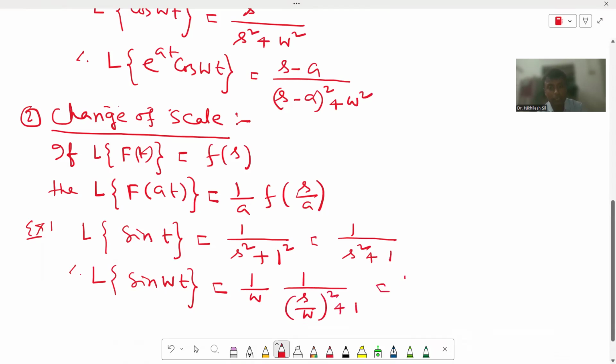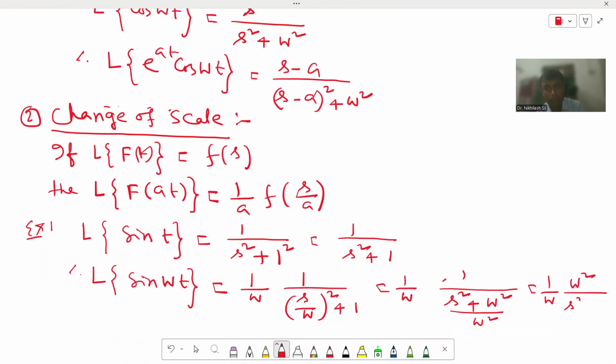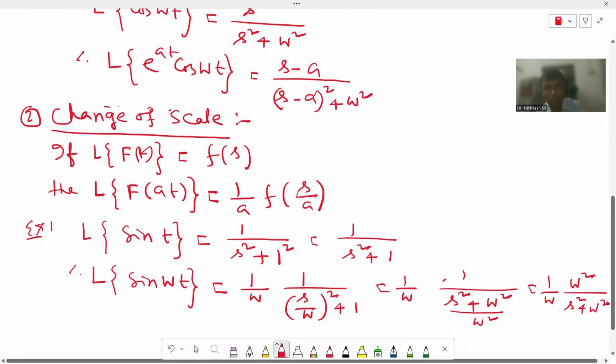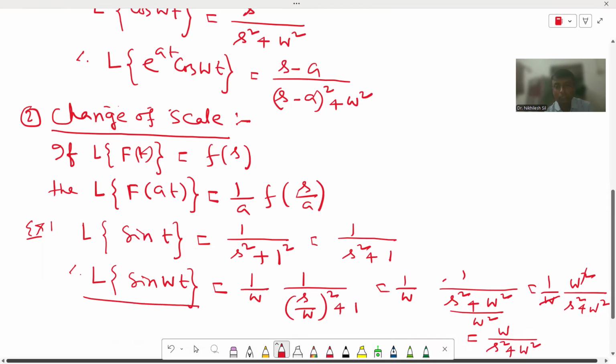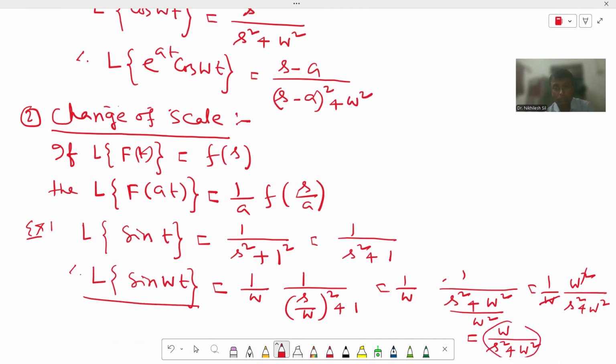After simplifying, we are getting 1 by omega, 1 divided by s square plus omega square divided by omega square. Now this will be in the numerator, so this becomes 1 by omega square divided by s square plus omega square. So omega and this omega square cancel, and we get omega divided by s square plus omega square. So we know that Laplace of sin omega t is equal to omega by s square plus omega square.